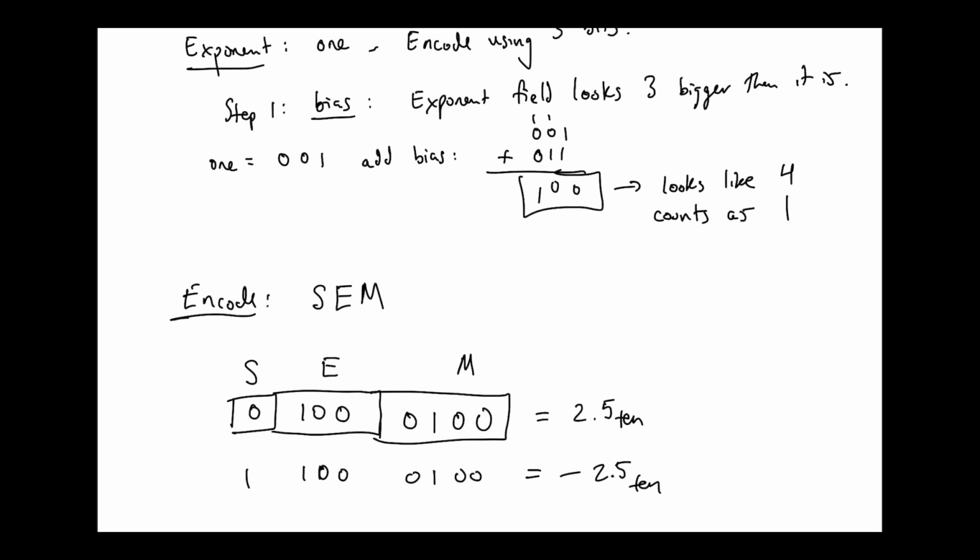Now with integers, how did you negate an integer? You had to flip all the bits and then add one. So the procedure for negating integers was a little bit of a pain. The procedure for negating floating point numbers is actually pretty easy. You just flop that far left bit and that's it. That's nice.